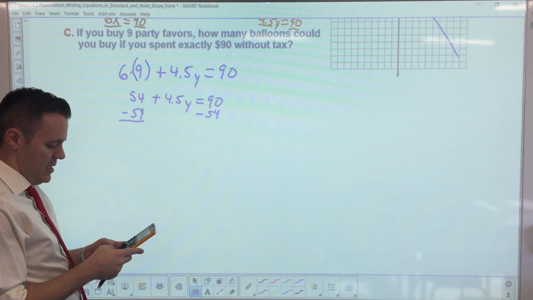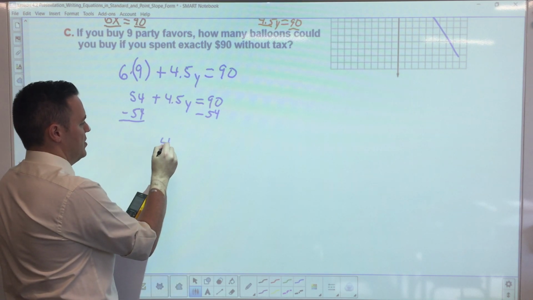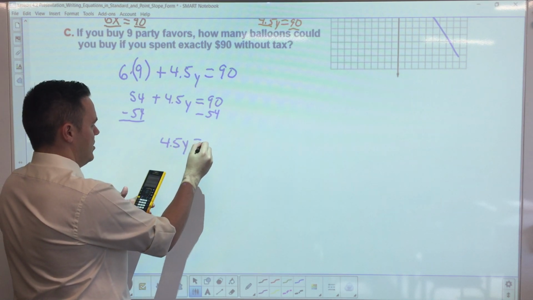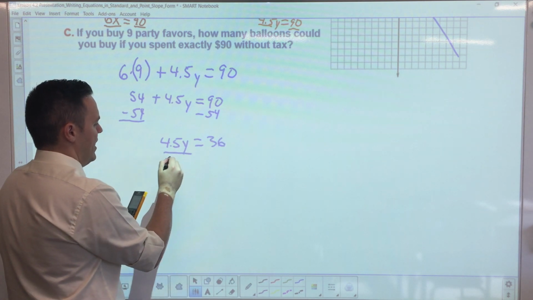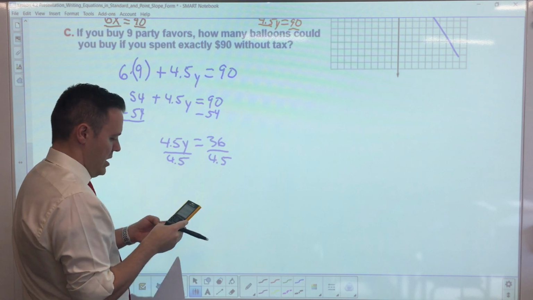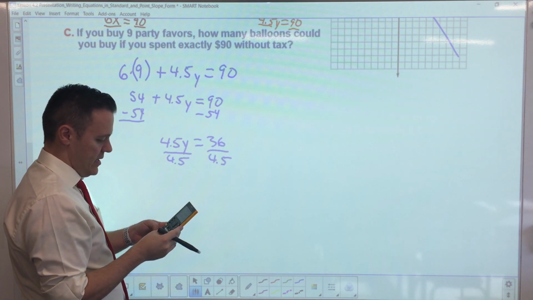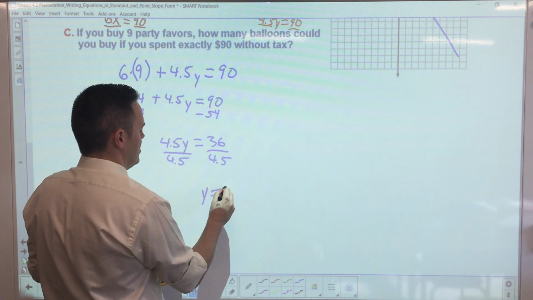Okay, 90 minus 54, it's going to be 36. So I end up with 4.5y equals 36. Now, you're going to divide by 4.5, and if you do that, you end up with y equals 8.